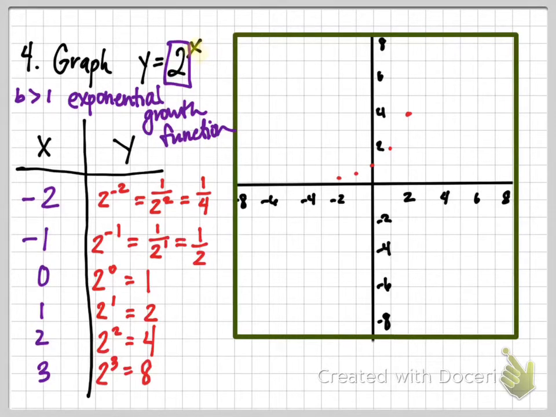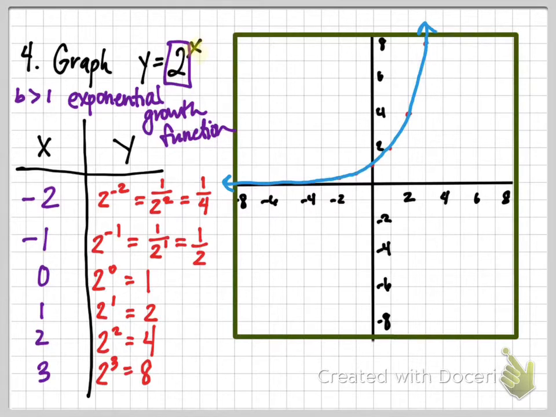So plot a point at 3, 8. So what you'll notice if I connect the dots, so I'm going to use a different color, if I connect these dots right here, you'll notice that it's approaching 0. So my horizontal asymptote is going to be at 0, and then it's going to grow exponentially.